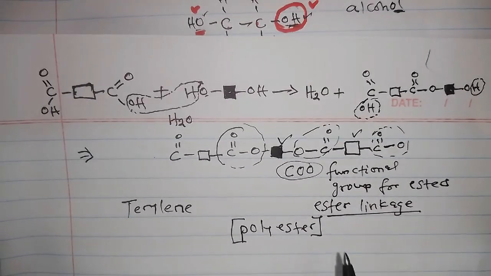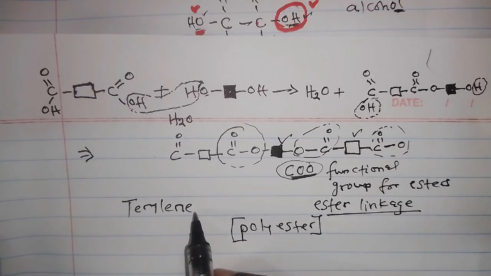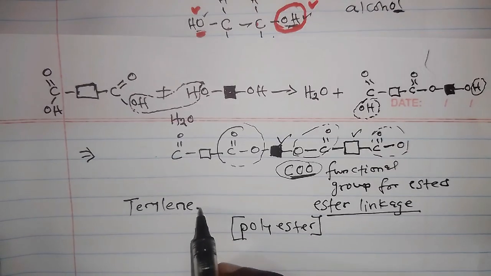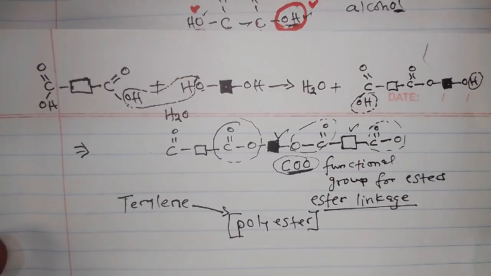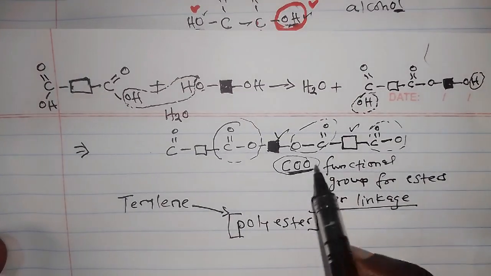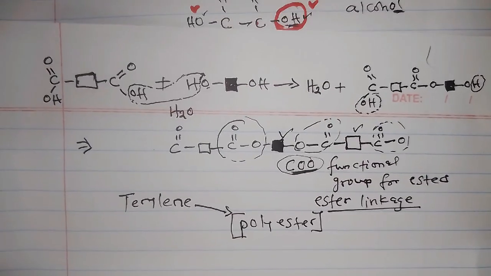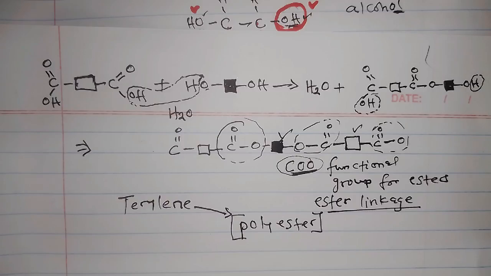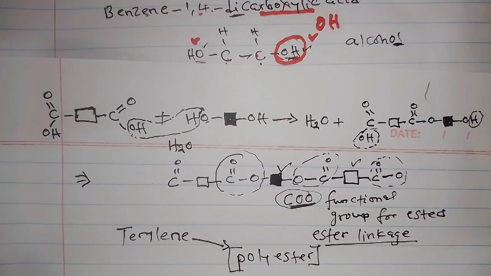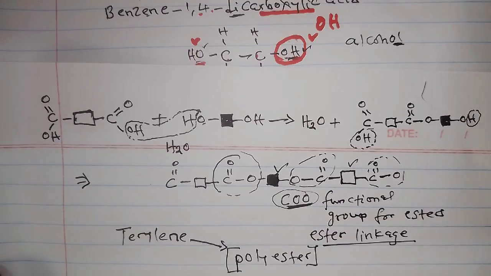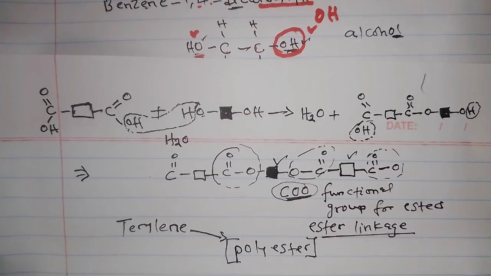The way you can know that is because of this COO, and therefore terylene is called a polyester because of that ester functional group. That's all you need to understand, and you're good to go. And for your own information, in condensation polymerization, only the functional groups will take part.